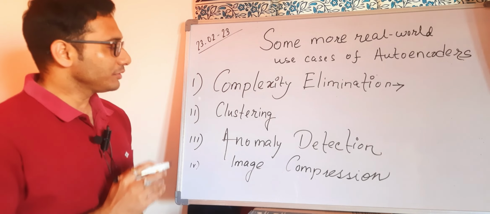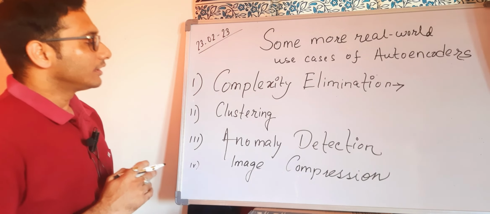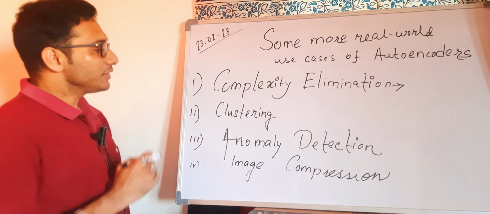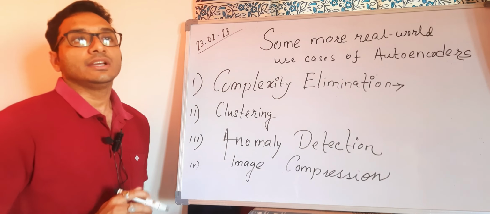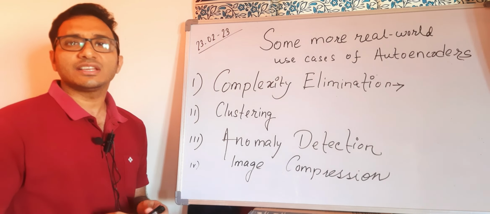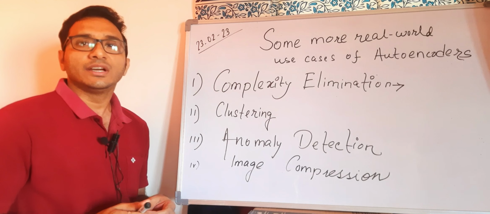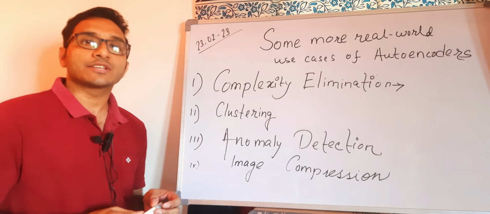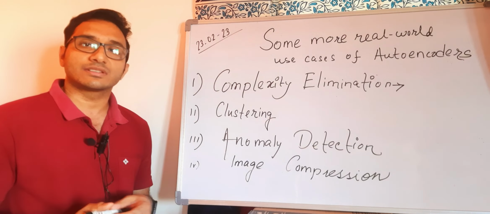Now coming back to the list where I have mentioned the other three use cases. The second use case is clustering. Now you can ask me that clustering is an unsupervised machine learning task, so why is an autoencoder playing a role in solving this task?